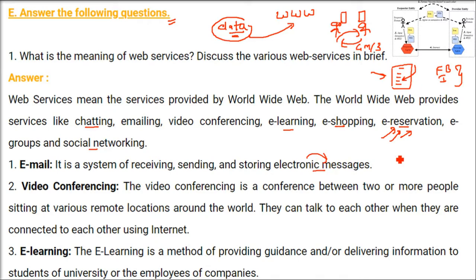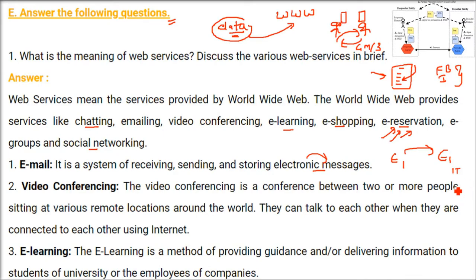Email, as I am saying, means you are sending a message or letter not on paper but electronically. Video conferencing means a conference, a meeting, two or more people talking together. Wherever you go, in an MSc or any industry, any institution, there will always be some meeting.